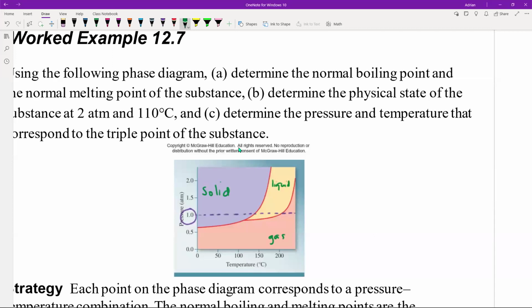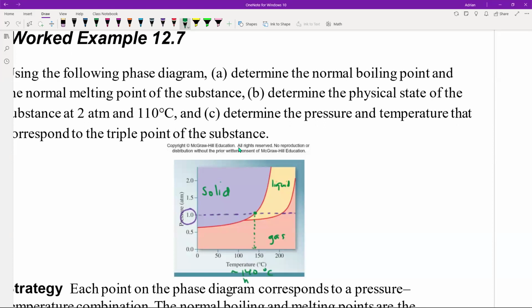All right, so at 1 atmosphere, going from the solid to the liquid, is this point right there, that corresponds to the melting point at 1 atm. That's the normal melting point. And if we were to draw a line down vertically, you'll see that's about 140 degrees or so Celsius.